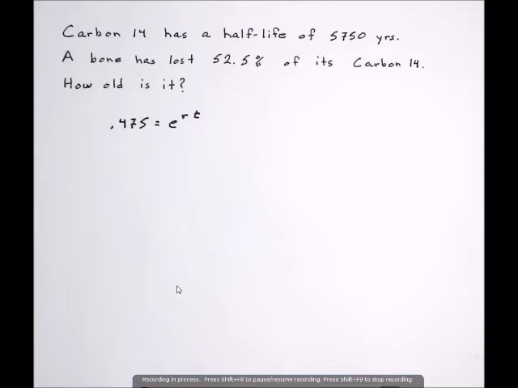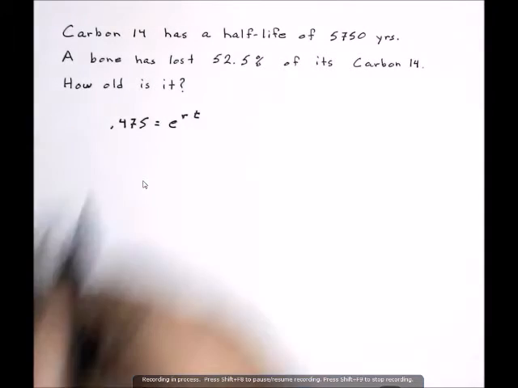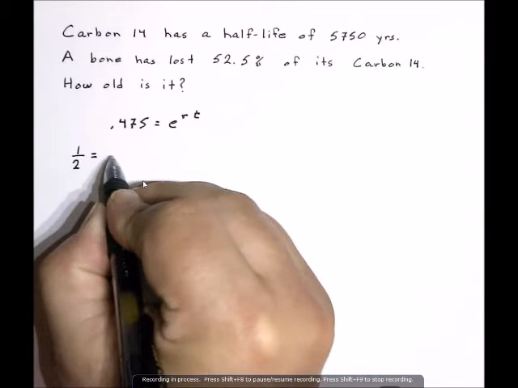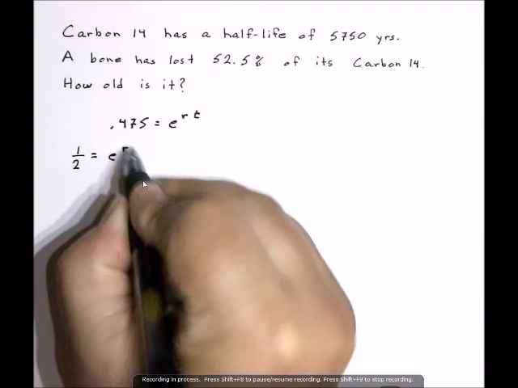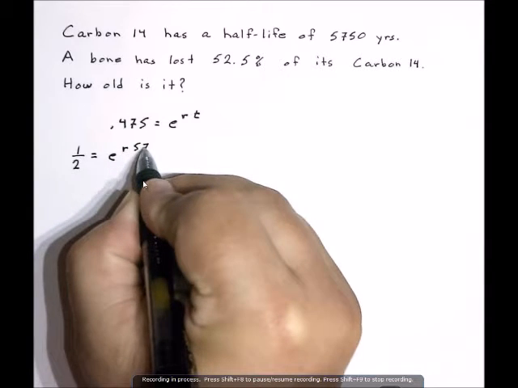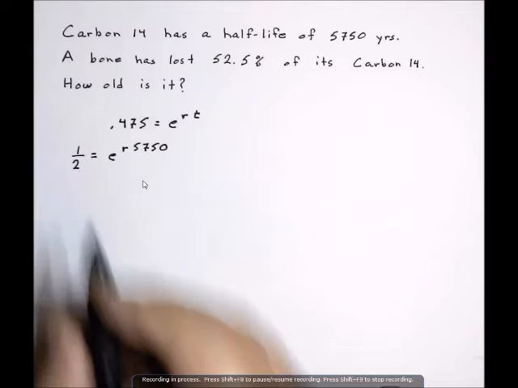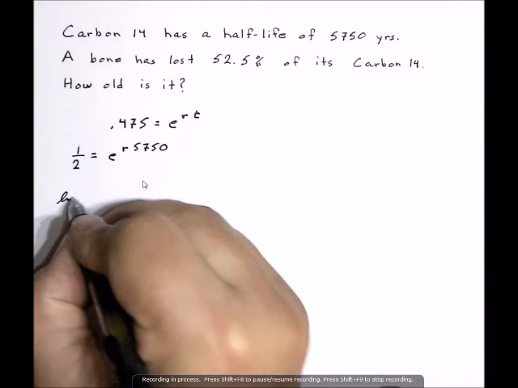And the problem here is we can't. We have two variables that we need to find, r and t, and only one equation to do it with. So what we're going to do is go back to the half-life of 5,750 years and use that to define the rate. So for the half-life, I have no idea what the rate is, but I do know the time is 5,750. Take the natural log of both sides.